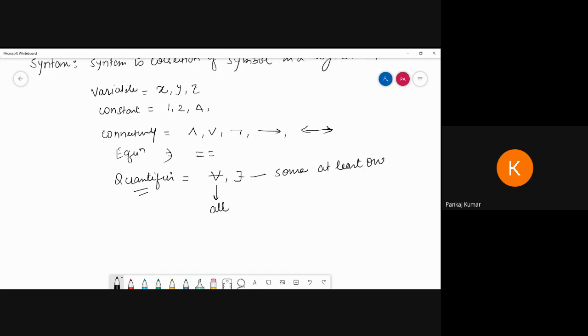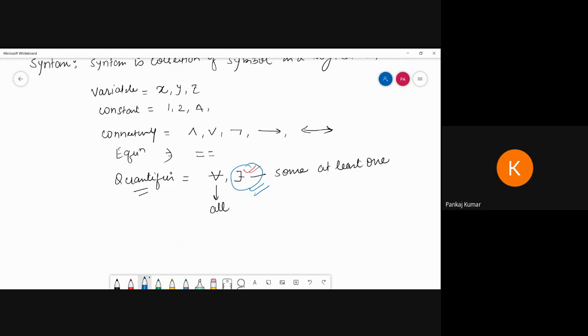This represents all, and that is called there exists, that means some. Among a class, some students are intelligent. That does not mean that all students are intelligent, only some people are intelligent. So this is the way we can represent a quantifier. These things are very important, so don't be confused.